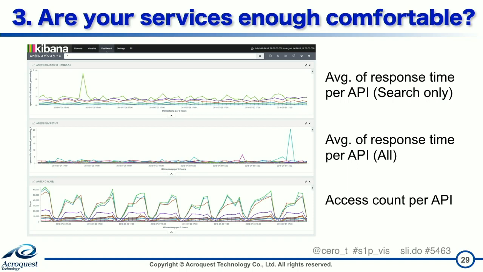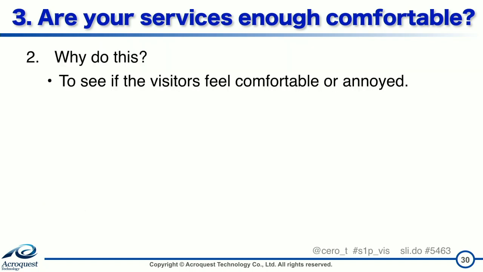There is also a high peak on another day, but most of the time, it is safe. And the bottom line is the access count per API. These charts notify me of the server status or process status and user comfortability. Why do this? To see if the visitors feel comfortable or get annoyed.